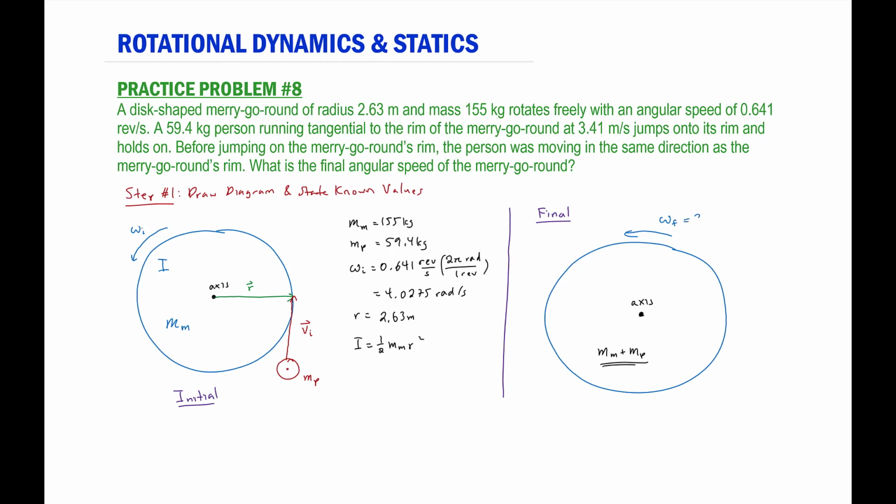So we don't know what the final angular speed is, and that's what we want to find. We also want to note that mm and mp still have to be separate. In linear collisions, we were able to combine the two masses together, but in this case, the two different masses going around in a circle are going to have different moments of inertia, and because of that, we have to do our analysis separately.